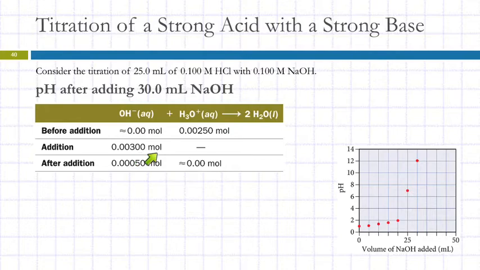So that's going to react with all of the hydronium ion, and it's going to leave us with an excess of 0.00050 moles of hydroxide. So we have to calculate the concentration of the hydroxide ion.